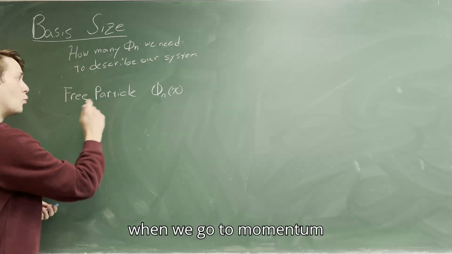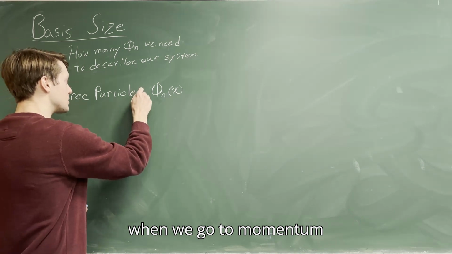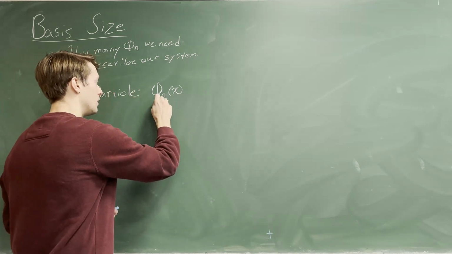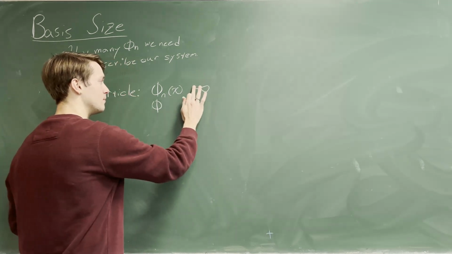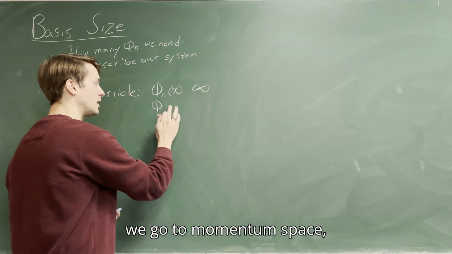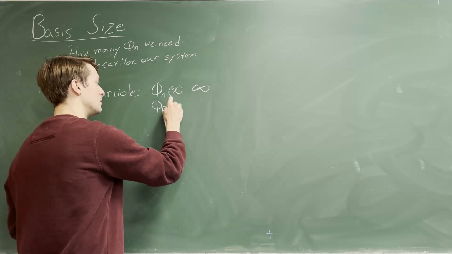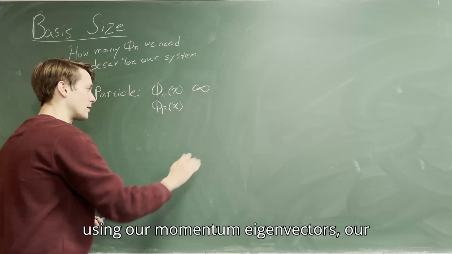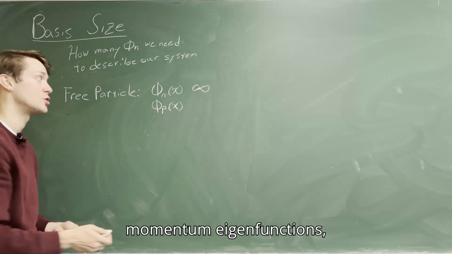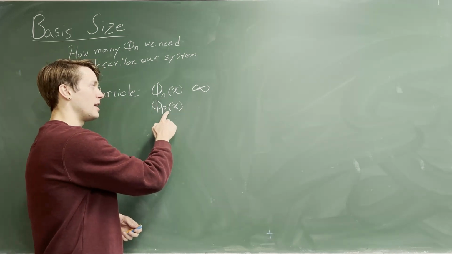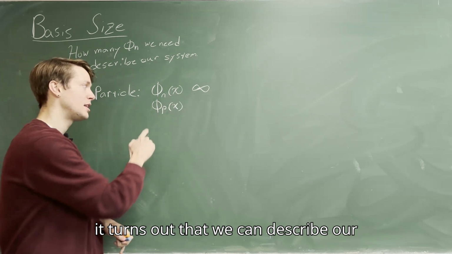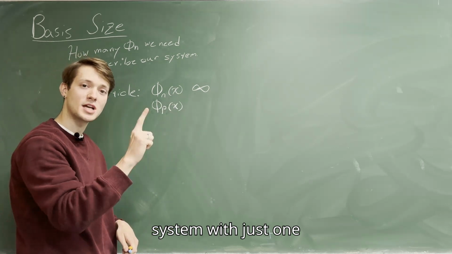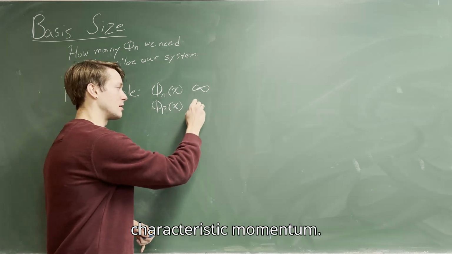However, when we go to momentum space, using our momentum eigenvectors, our momentum eigenfunctions, it turns out that we can describe our system with just one characteristic momenta.